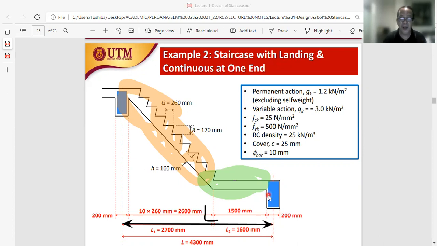Number two, the schematic for this staircase: if we look on the right hand side, there is no more continuity beyond this beam. But on the left hand side, beyond the beam support at the top end, there is still continuity. So we can represent this staircase as something like a continuous staircase.